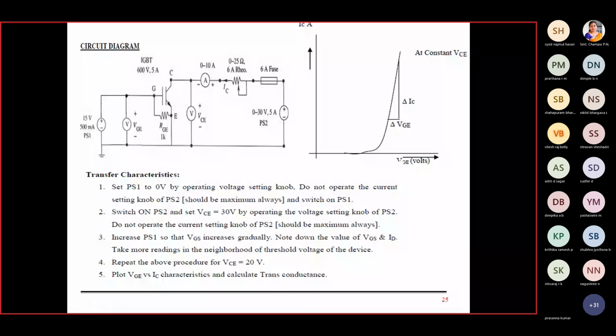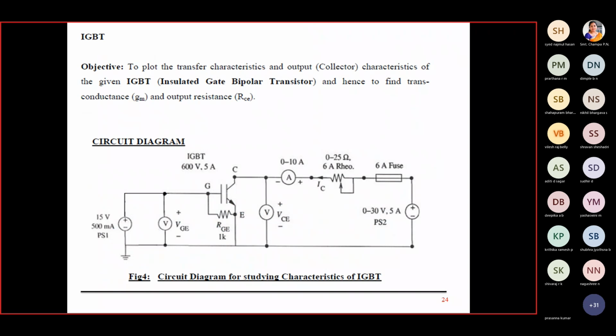Why I'm telling the range is, if you take 2 MOSFETs of the same manufacturer number, IRF830, no 2 MOSFETs will give the same features or values. No 2 MOS transistors will give the same alpha, same beta. There will be a small variation. Same thing here also. That is why I told you the band is 3.5 to 3.8 for the VGS threshold of the MOSFET, and 5 to 5.5 volt VGE threshold for your IGBT.